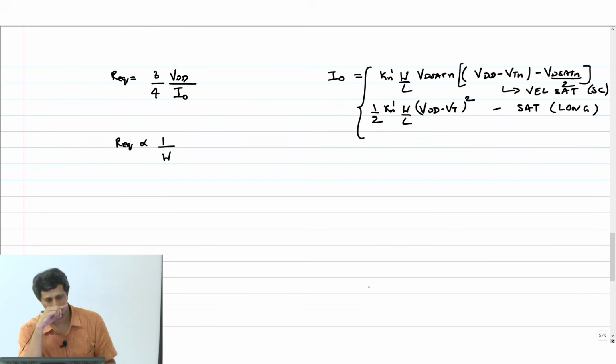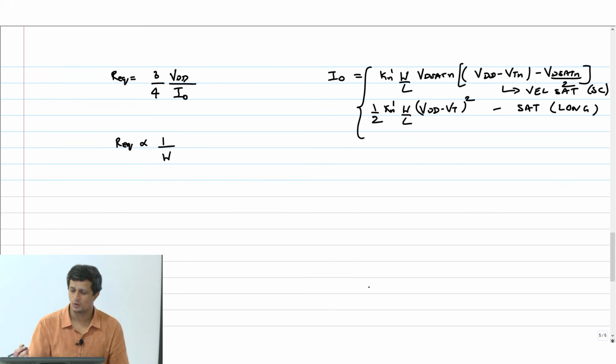So, therefore, if I double the width of a transistor, then the resistance of the transistor drops by a factor of 2, right, or the resistance becomes 50% of what it was earlier. So, this is one key technique that we will use. If you want to reduce your resistance, then you upsize the transistor, and that is what this equation is also telling us, right.